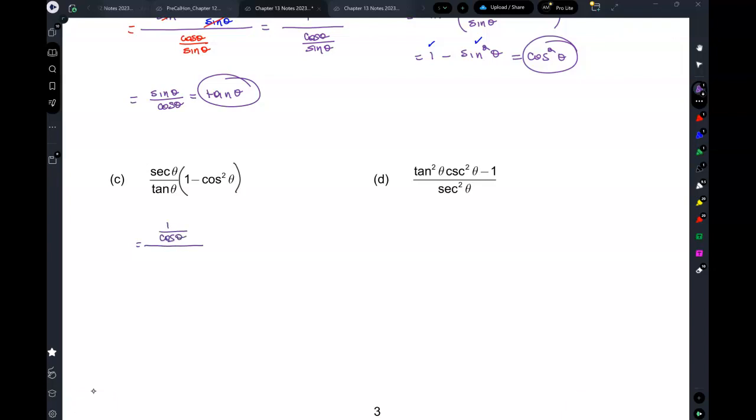Secant. What am I going to write secant as? What about tangent? Sine over cosine of theta. Do you see how the main fraction bar, I make it just a little bit longer than the other fractions just so I can identify what ends where? Now look at what we have here: 1 minus cosine squared theta.